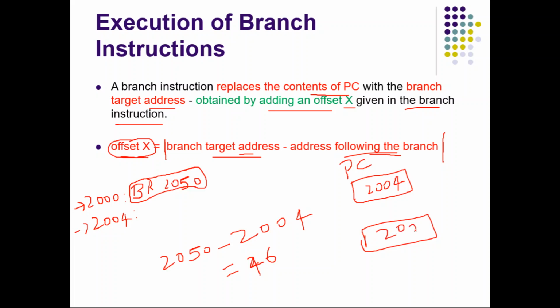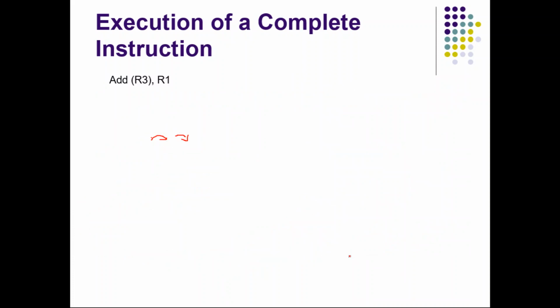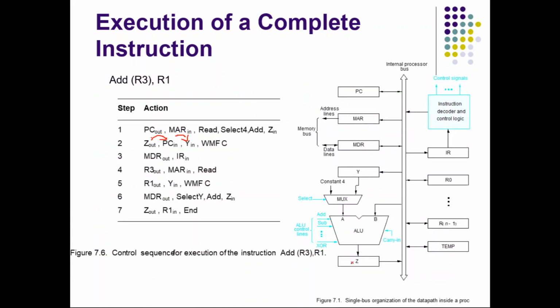Next, what you should do is add this 46 with 2004. What is 2004? Whichever is available in Y. Select Y, and here you have to pass the difference between the branch target address and the address of the next instruction.